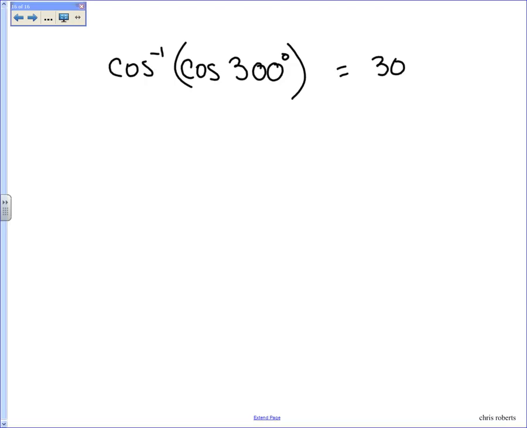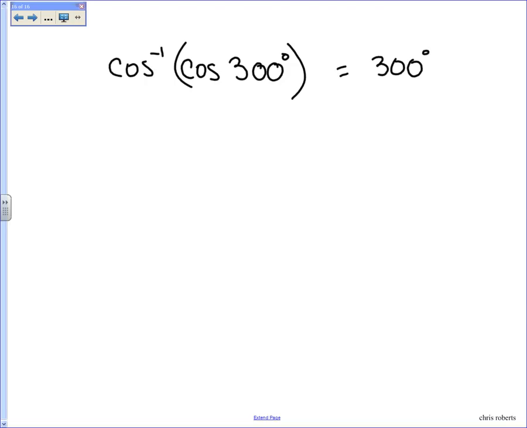One last example that I'd like to look at. Let's take 300 degrees, and we're going to look at the cosine and the inverse cosine. Since we have a cosine and an inverse cosine, our answer would appear at first glance to be 300 degrees.